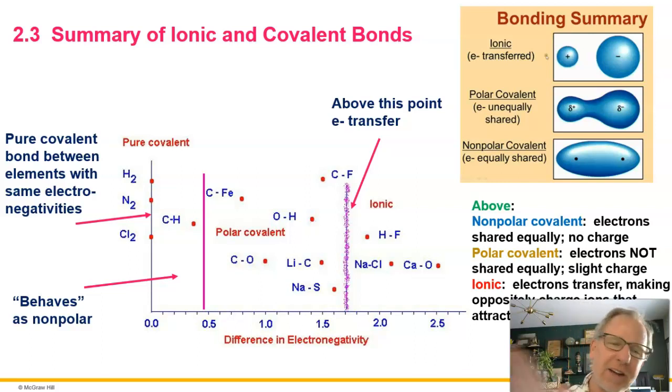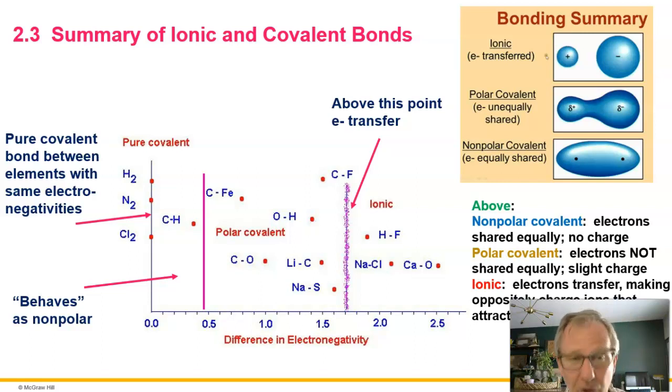So if you look on the left-hand part of this chart where the electronegativity difference is 0, that's going to occur if you have two atoms of the same element bonding together and sharing electrons, like two hydrogens or two nitrogens or two chlorines. They will share electrons 100% equally because they have the same electronegativities, and they will be pure nonpolar covalent bonds.